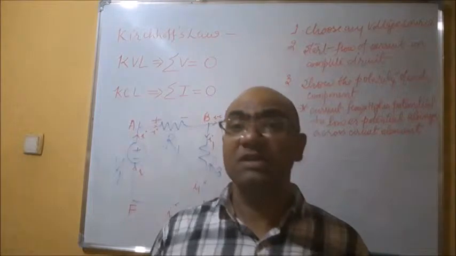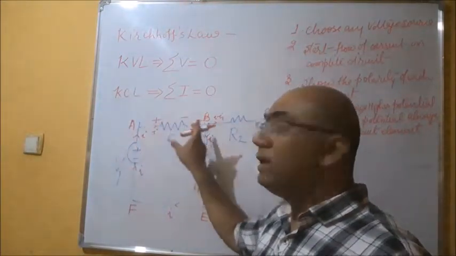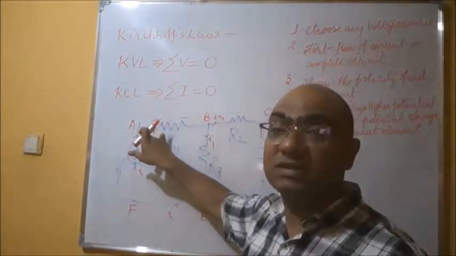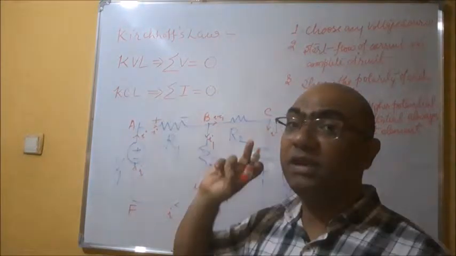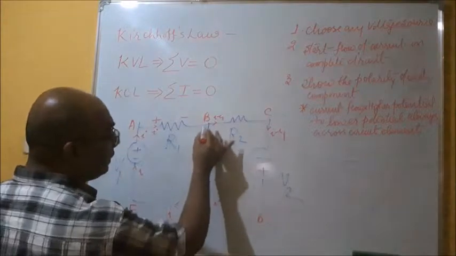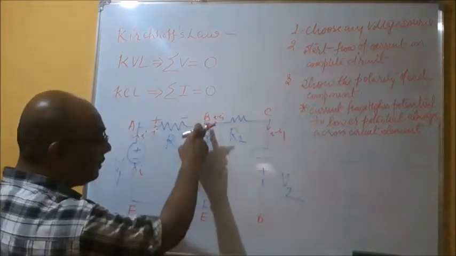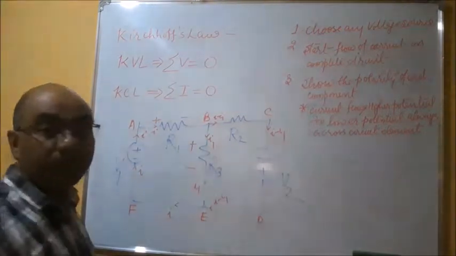And my convention is that since the current is flowing from A to B, the A side of this resistance will be plus and the B side will be negative. Same concept here: the current in resistance R3 is coming downward, so naturally this side will be positive and this side negative.